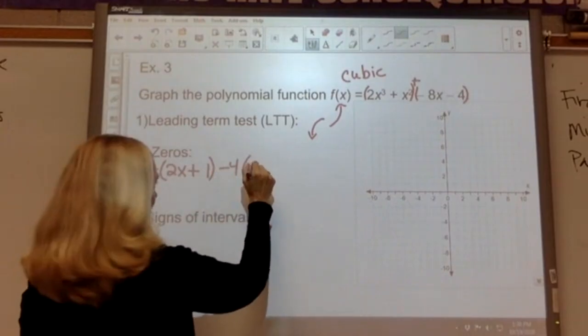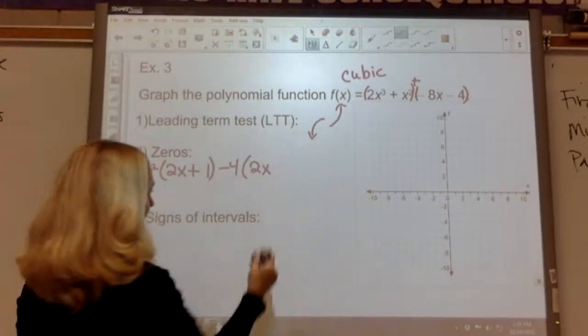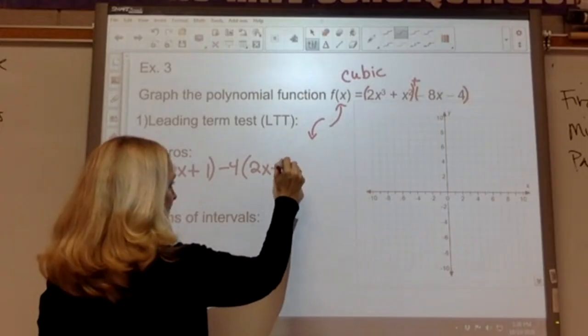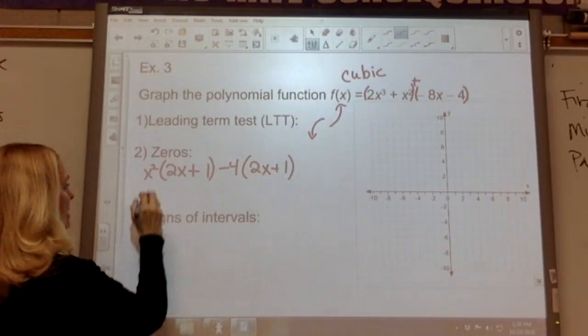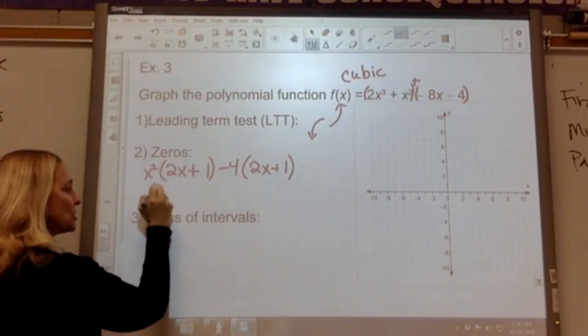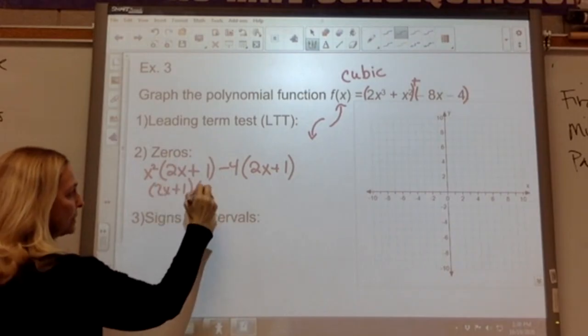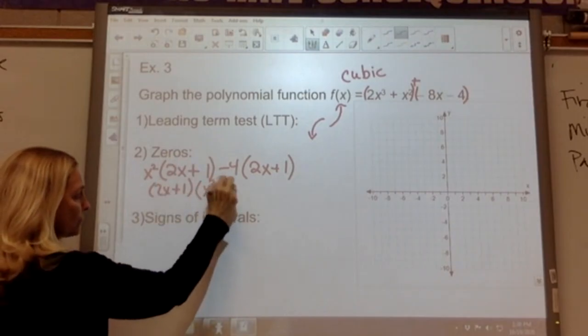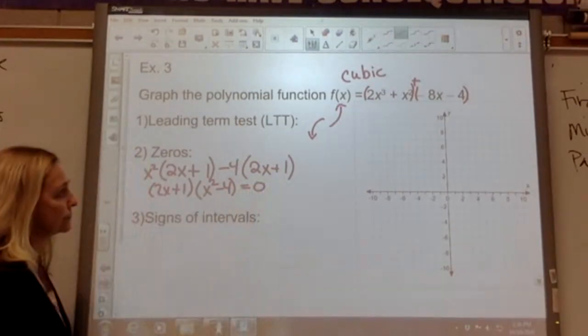That's going to leave me 2x, and then -4 divided by -4, there again, is a positive 1. And so these two parentheses match, which is what I needed to happen. And so now I have 2x plus 1 times x squared minus 4, and this all equals 0.